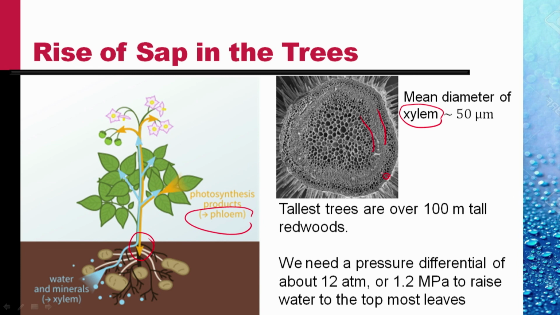In fact, it is argued that this downward flow of the products of photosynthesis also helps in raising the water up, because it creates a kind of vacuum up there when the water flows down.